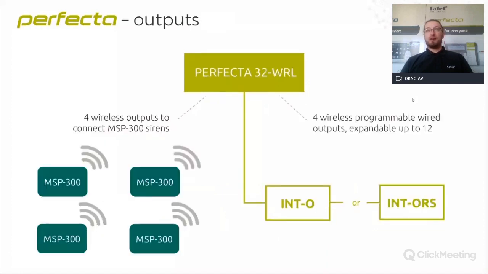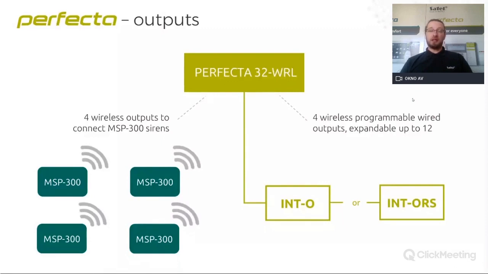About outputs, you have 4 wired outputs on board, 2 high voltage and 2 low voltage, but you can expand up to 12 wired outputs. So you can use INTO or INTORS. INTO, again, is from the Integra panel, a module with 8 simple, normal outputs.